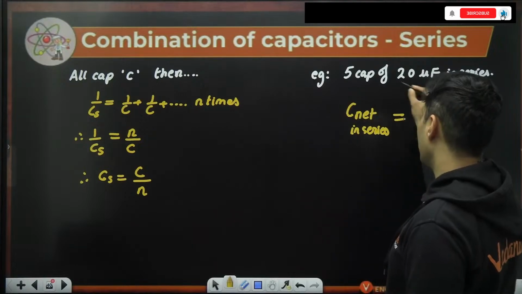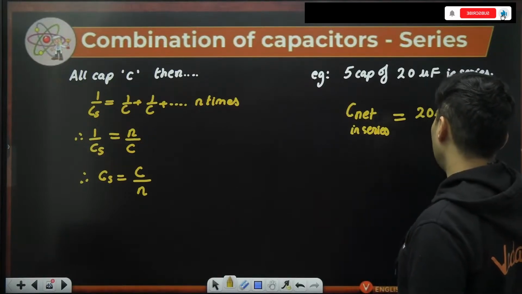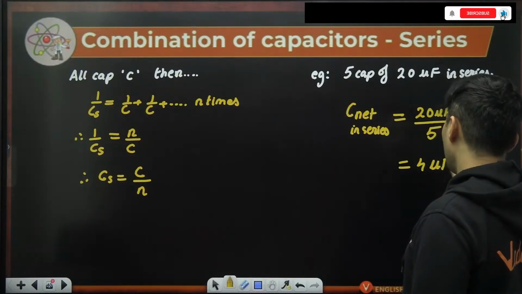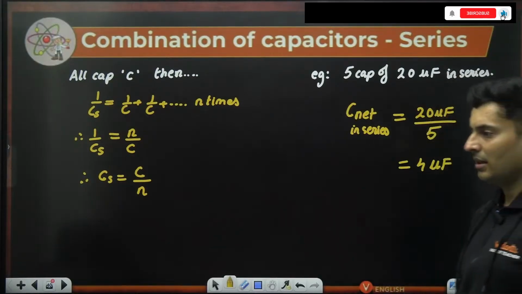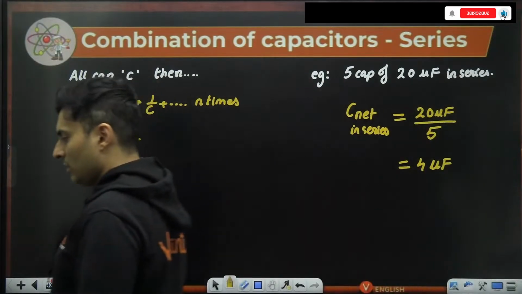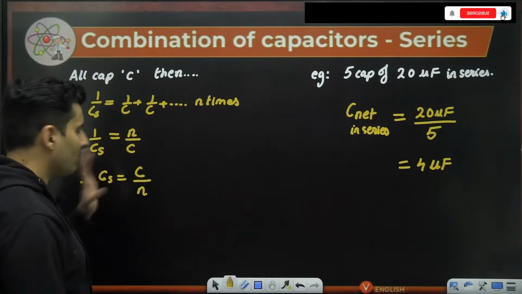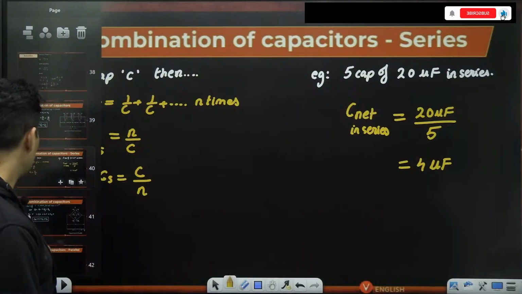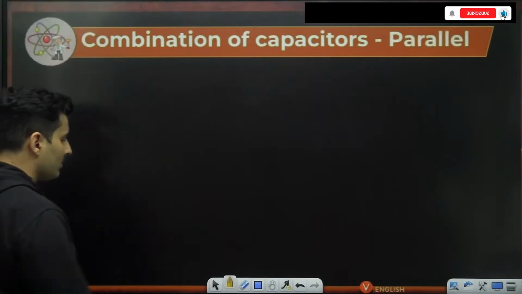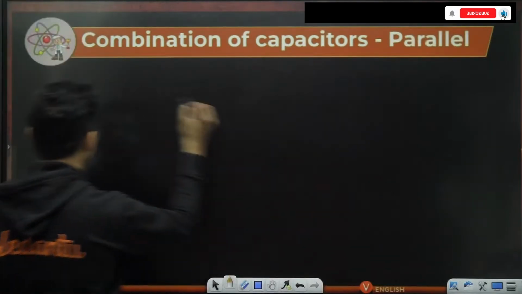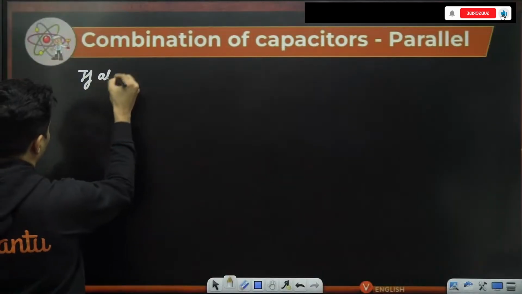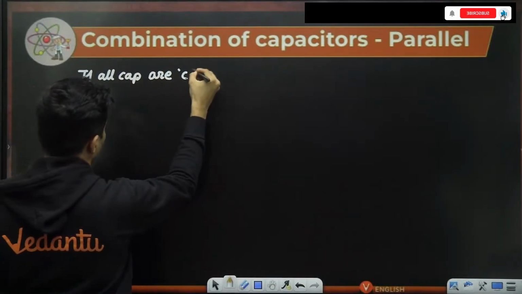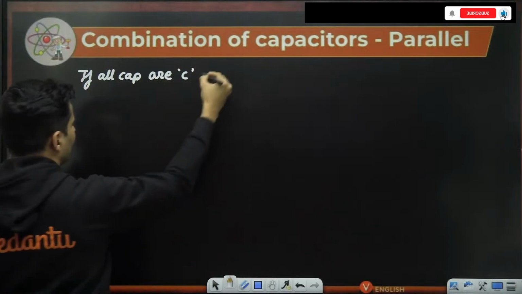You take any one capacitance, which is 20 microfarad, and divide it by the number of capacitors. So that will be nothing but 4 microfarad. Perfecto. Absolutely clear. So it gets divided in series. So in parallel, if you take a special case, if all capacitors are C, then what will happen?